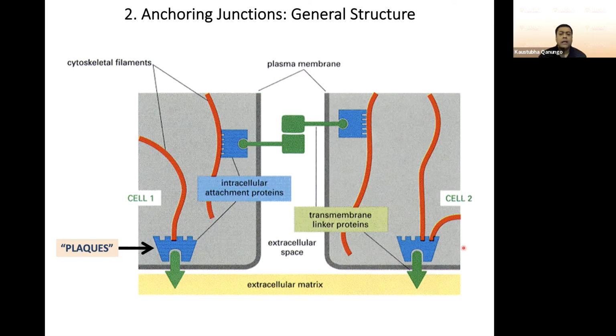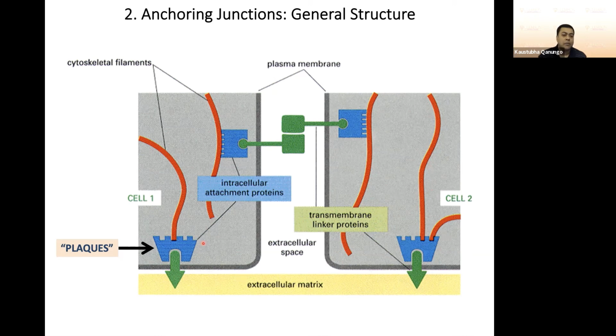Now, here, it is basically the same. Instead of this transmembrane linker protein, here the linker protein is inserted into the extracellular matrix, and it travels through the basal side of the plasma membrane. And you can see that right here you have the transmembrane linker protein, exactly similar to that, and that is attached to the cytoskeletal structure.